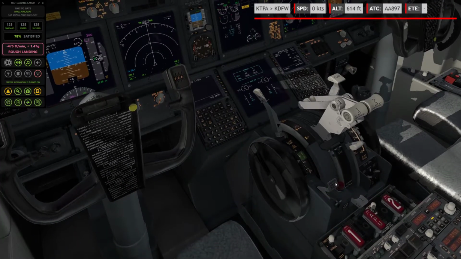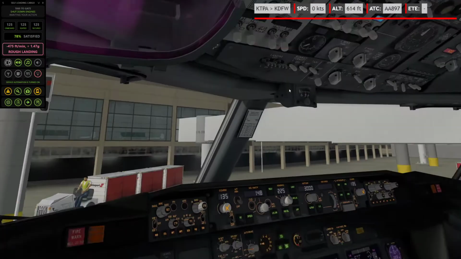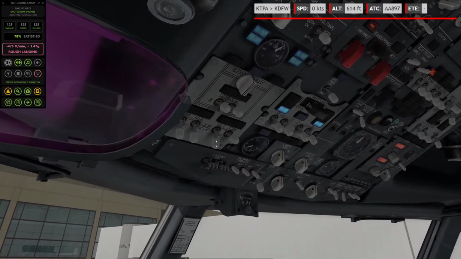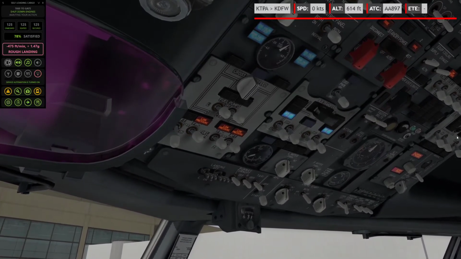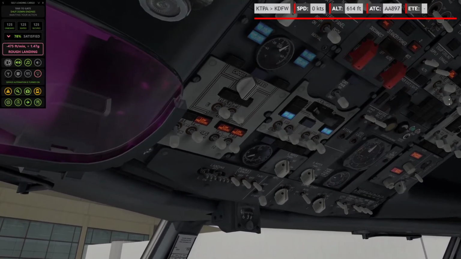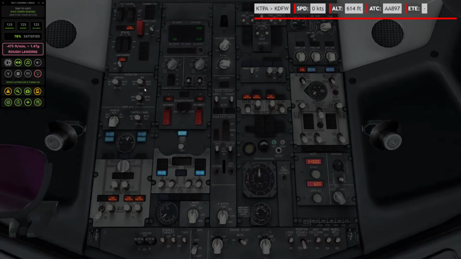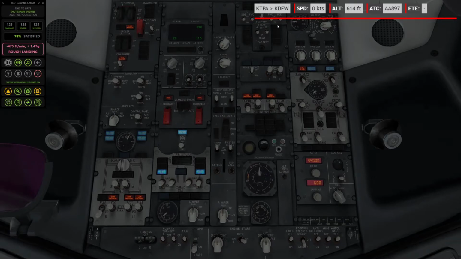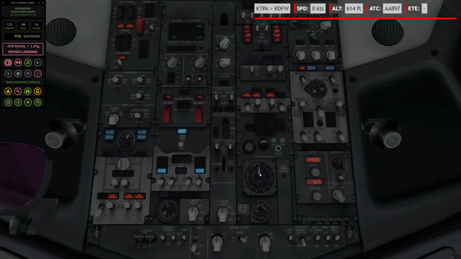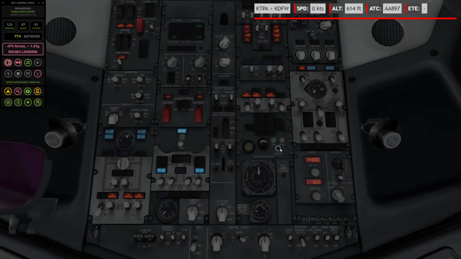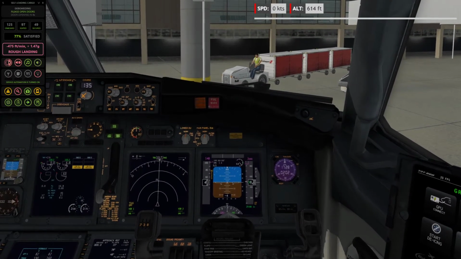There we go. Park brake and fuel can come off. Whoops. Wrong one. Alright, there we go. And self-loading cargo will do its thing. Alright, once self-loading cargo has deboarded all the passengers, I'll come back and show you the replay.